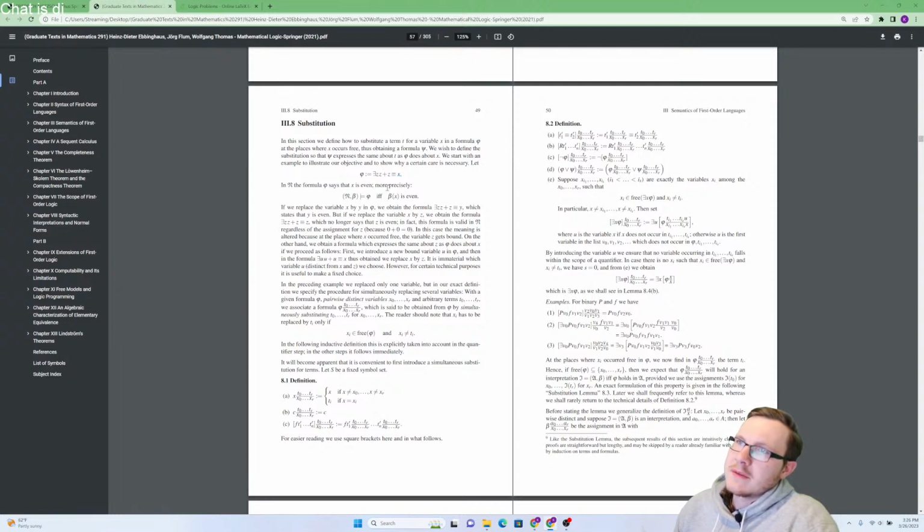Whereas here, if you say there exists z such that c plus z is equal to x for the natural numbers, and integers too, this is just whether it's even or not. So it's about whether you bound it or not. On the other hand, we obtain a formula which expresses the same thing about z as phi expresses about x.